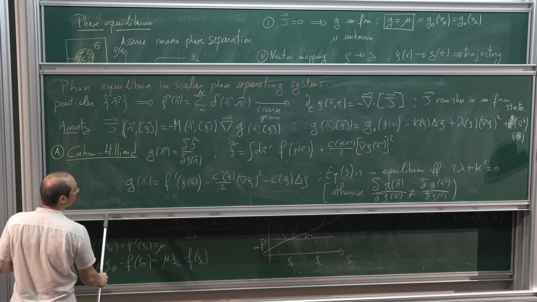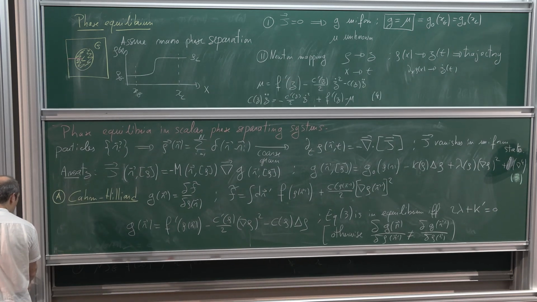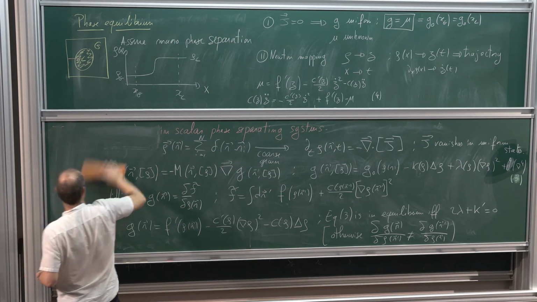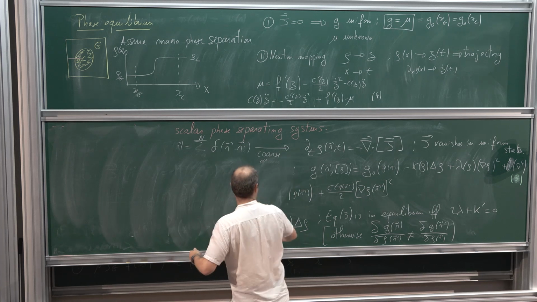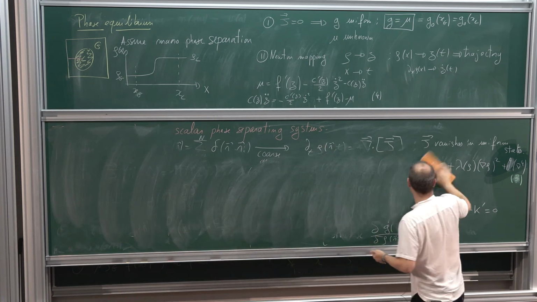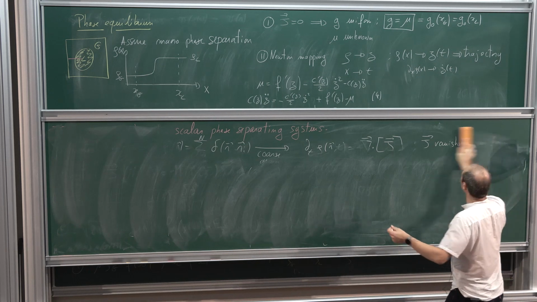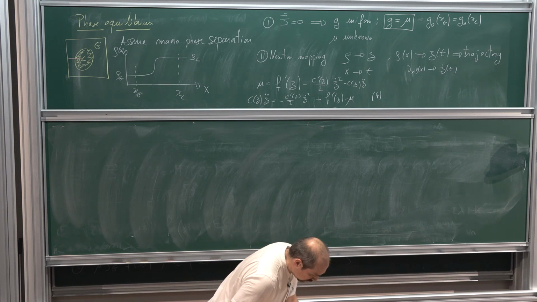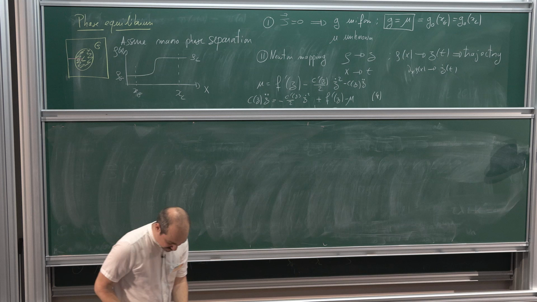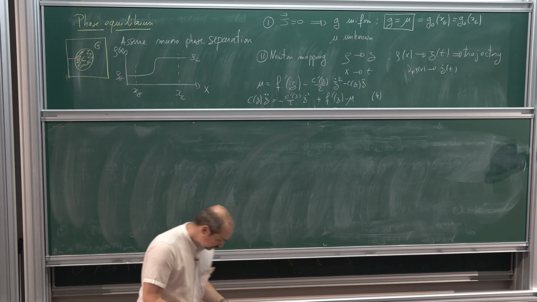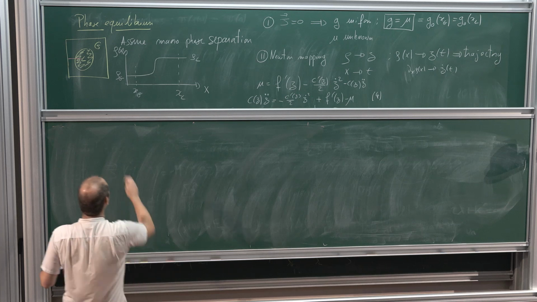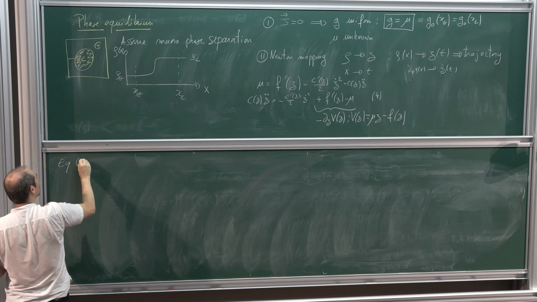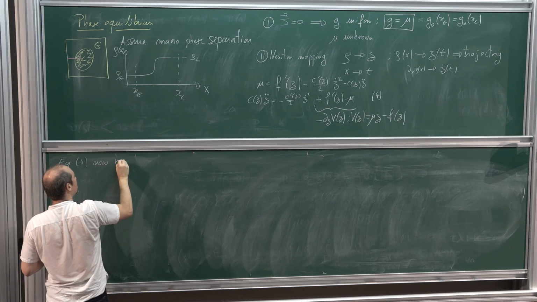So how do things change when you don't have a free energy? So we still have essentially the same equation, but our equation 4 now becomes a bit different.